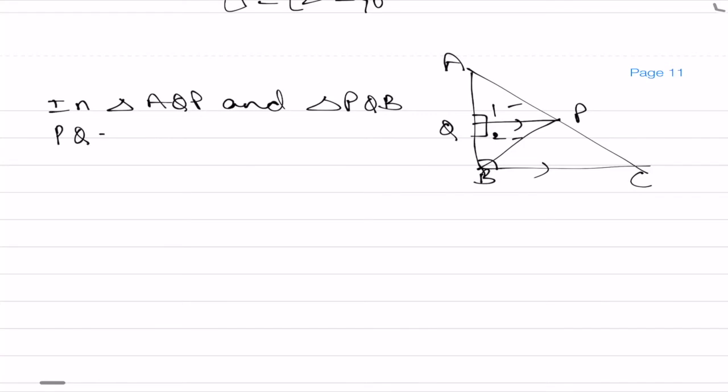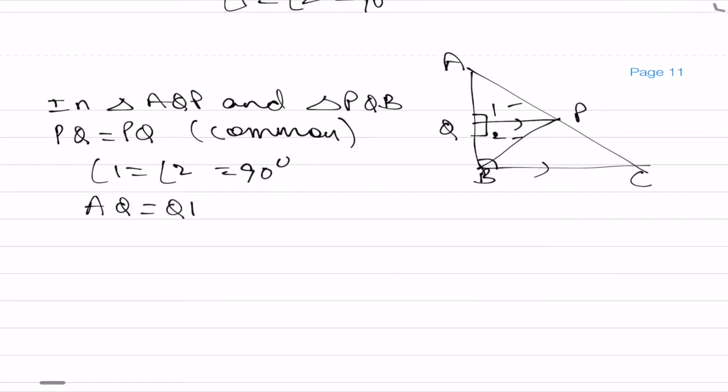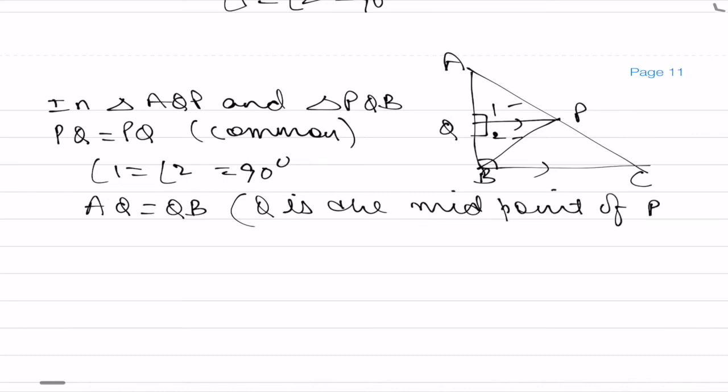So first, PQ and PQ both are common. Angle 1 and angle 2 both are equal to 90, that we have already proved. And AQ is equal to QB. That's also we have proved because Q is the midpoint of AB, that we have already proved.